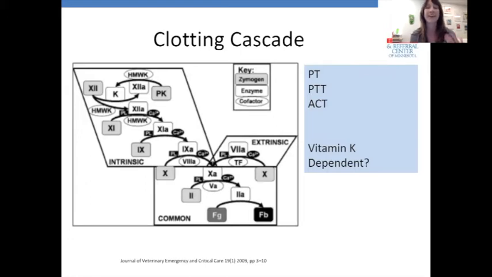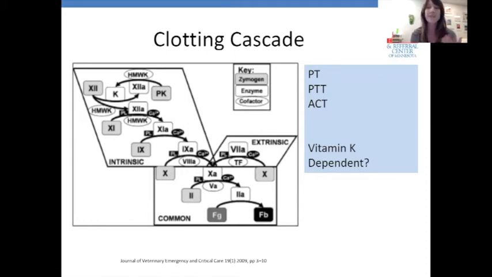And so you can have a cat, for example, that has no factor 12, but has completely normal clinical clotting. They may have an abnormality in a test, for example, but that doesn't correlate to a clinical clotting deficiency or problem. And in fact, dolphins and whales don't have factor 12 at all. And obviously they're just fine, which is pretty cool.